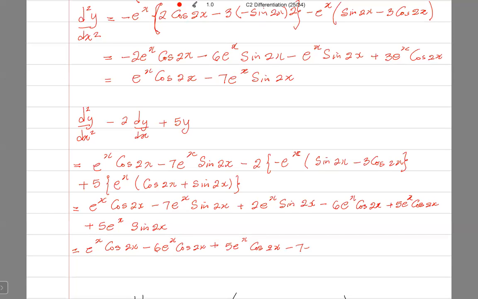Minus 7 e to the x sine 2x plus 2 e to the x sine 2x, and lastly plus 5 e to the x sine 2x. All right. So in a sense, if you apply care, the e to the x cos 2x terms come out to 0, and the sine terms also come out to 0. The entire thing is equal to 0.